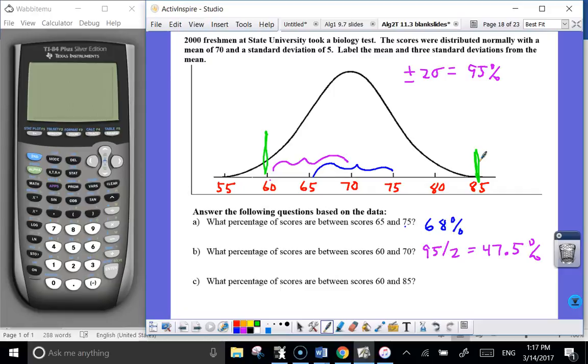I mean, how much is in between 60 and 80? We said 95%, right?